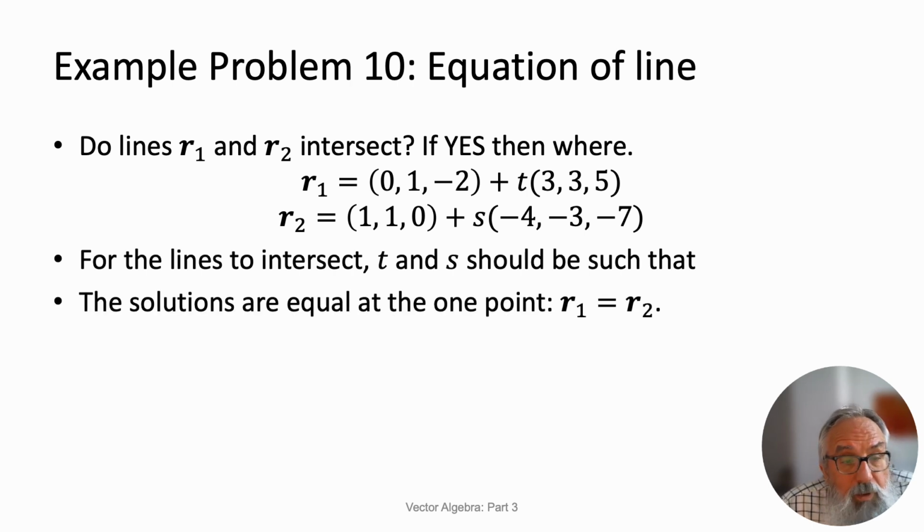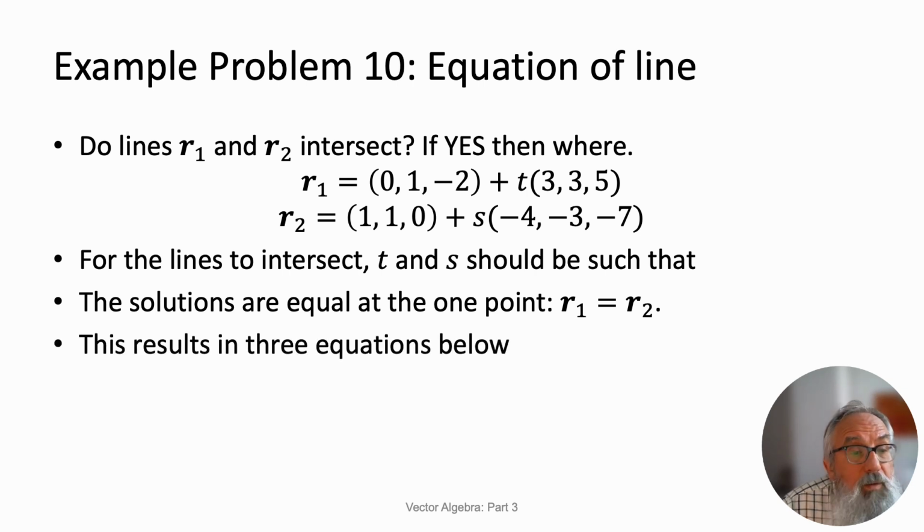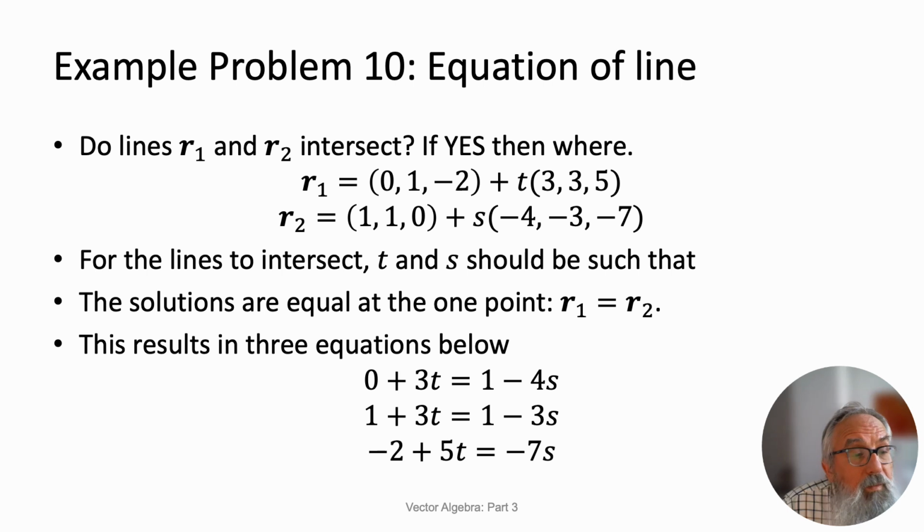At any point, if R1 equals R2, then the two lines intersect at one single point. This results in three equations where the x's are equal, the y's are equal, the z's are equal.